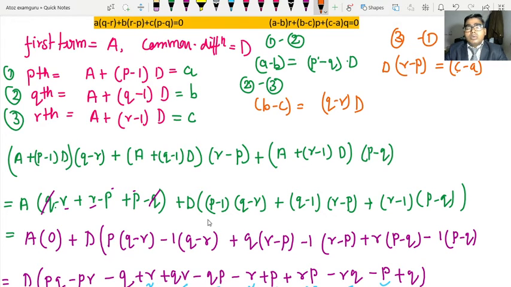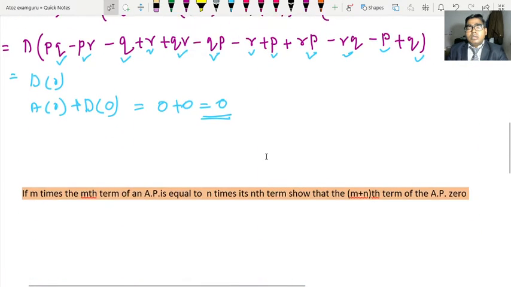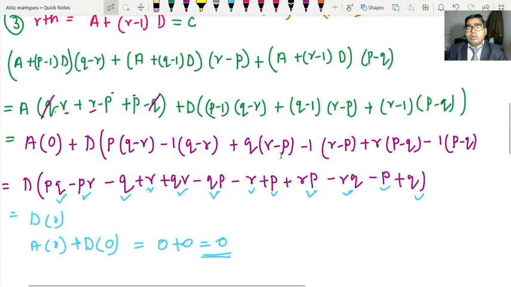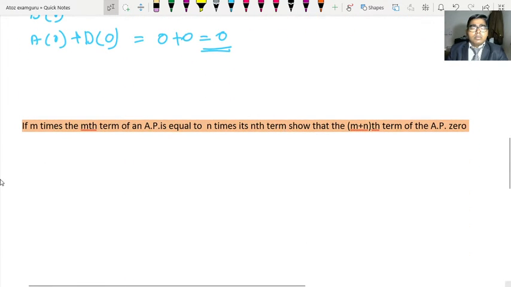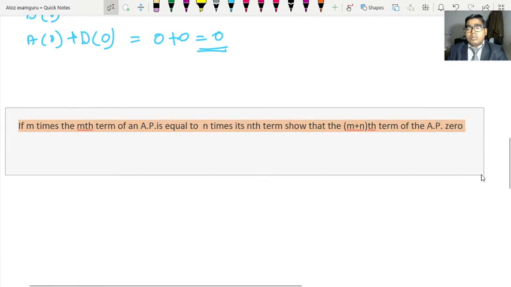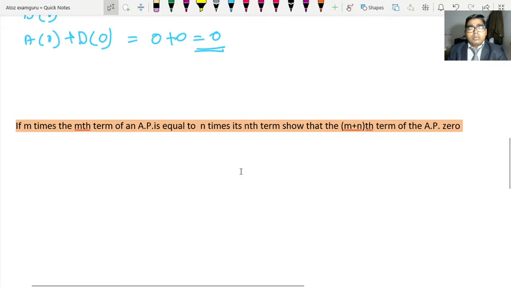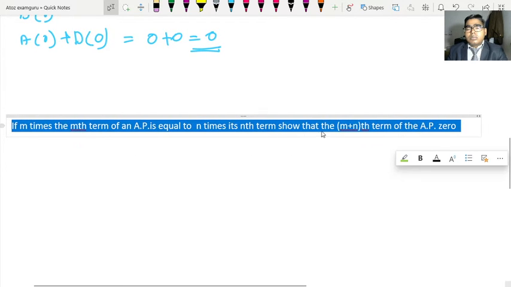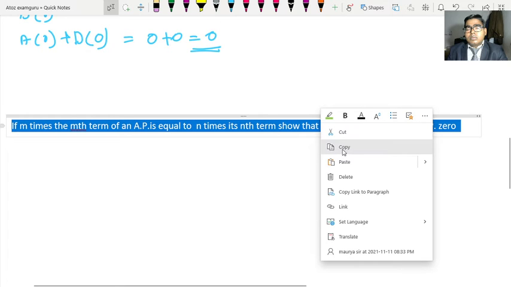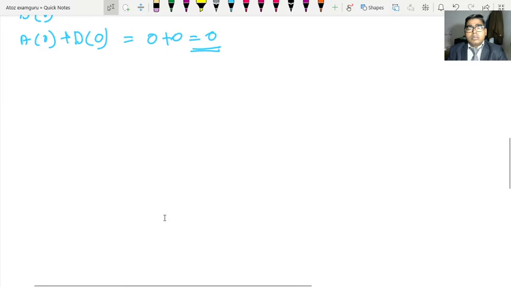So friends, now we will put the values in this. A minus B into R, it is given to us. Now let us see.